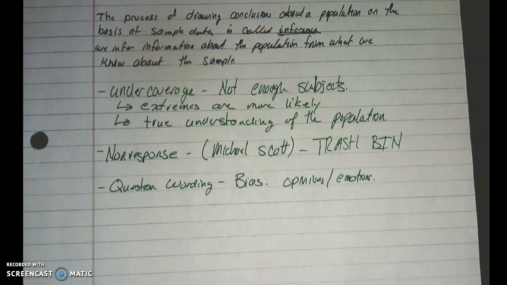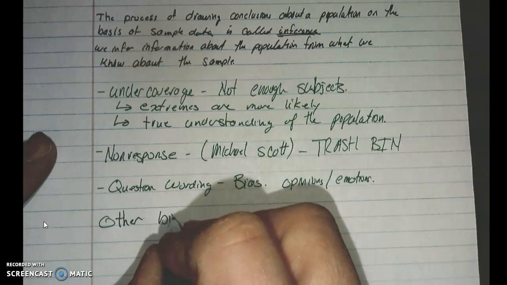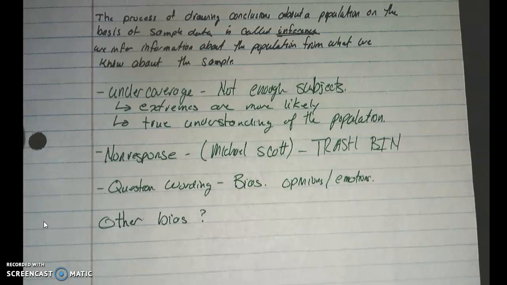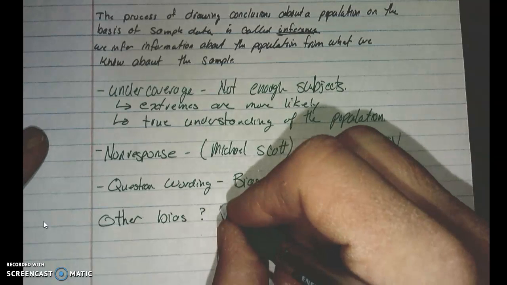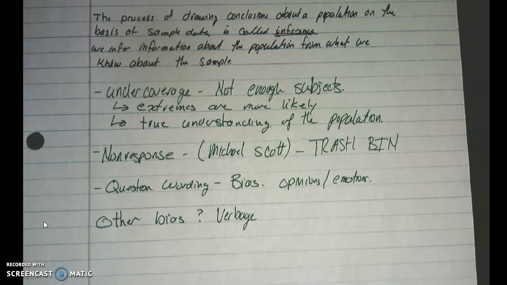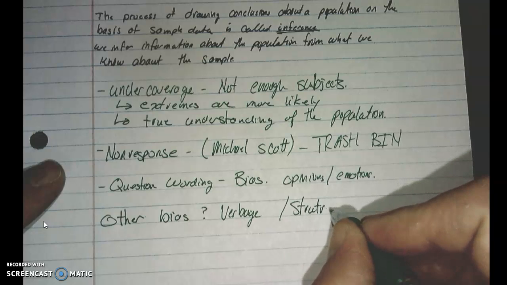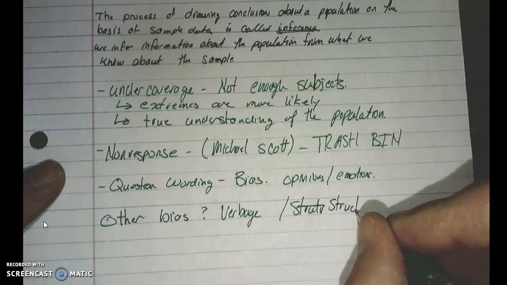So besides our question wording and biased opinions, all that other fun stuff, what are some of the other ways that you can think of that can lead to problems? What about verbiage? Right. Structure. Okay. There we go.